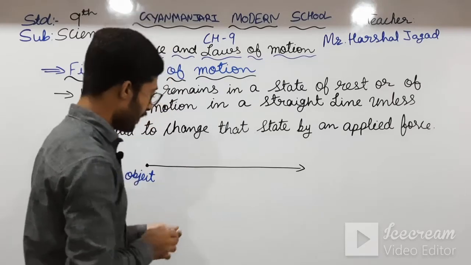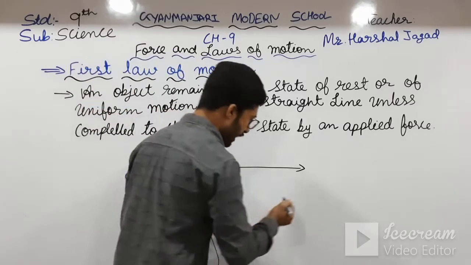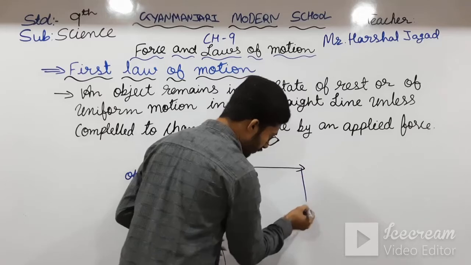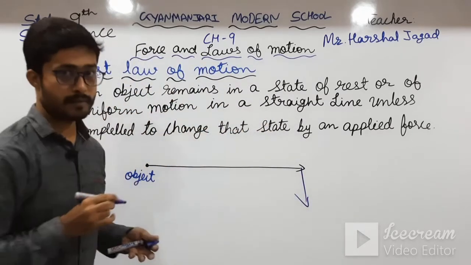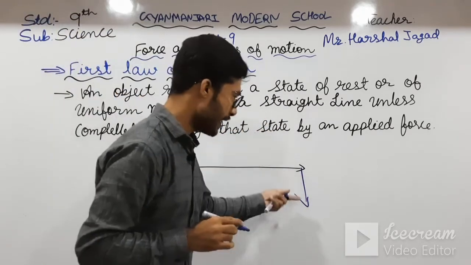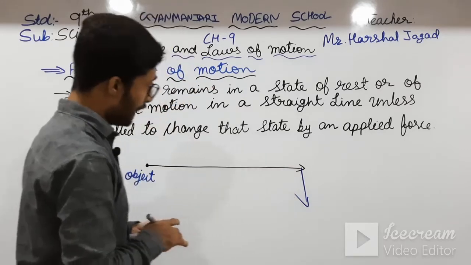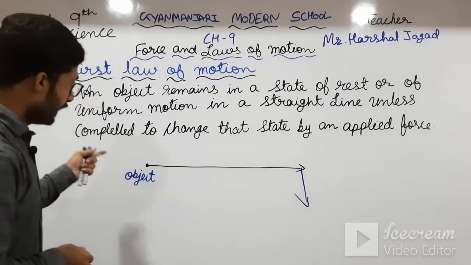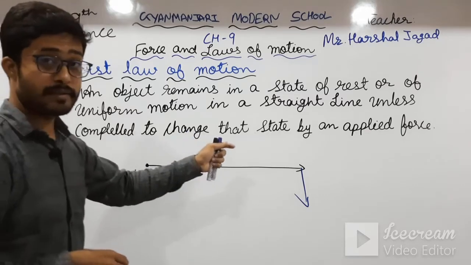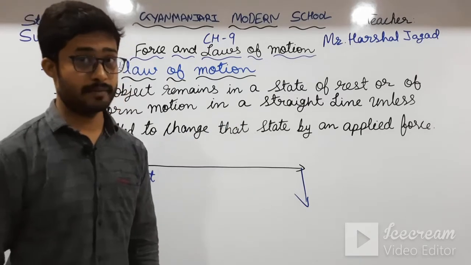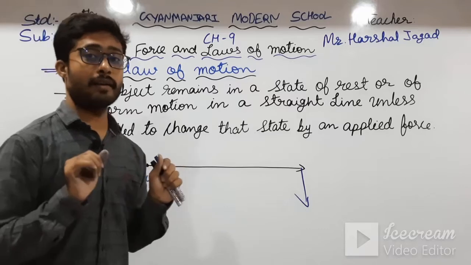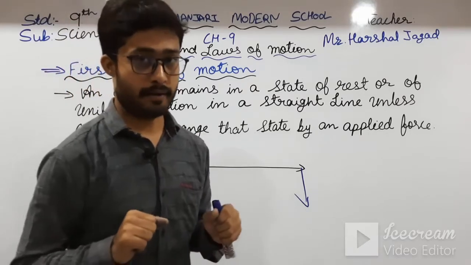If I want this object to turn right, I will tell that object, please after some distance take the right. It will take right. Just think you are driving a car.